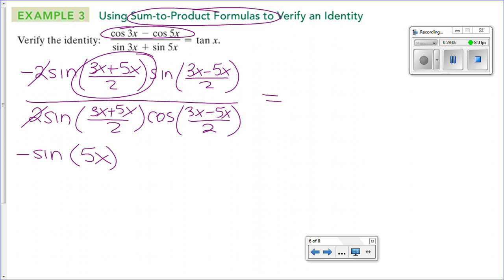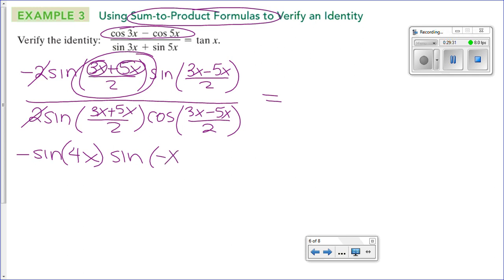Oh, sorry. Okay, 3x plus 5x is 8x. And then divided by 2 is 4x. Okay, thanks. And then sine 3x minus 5x, that's -2x. Divided by 2, -x.